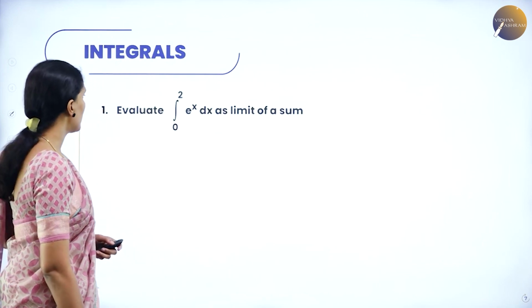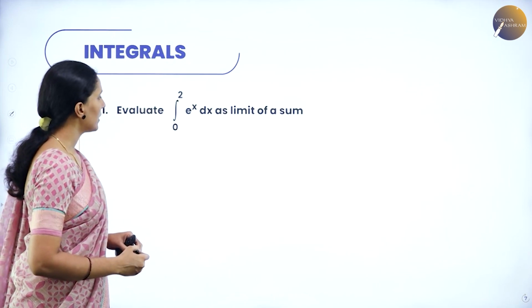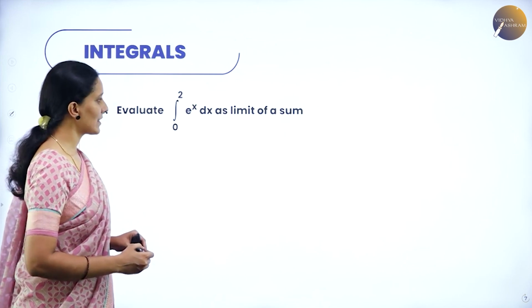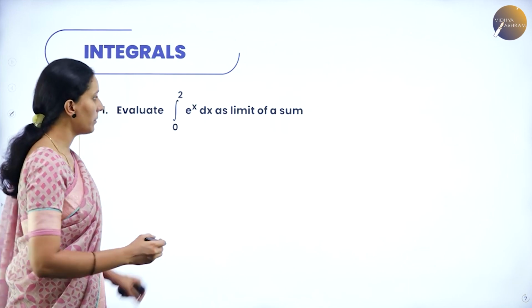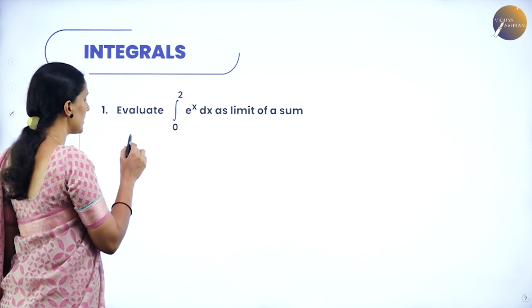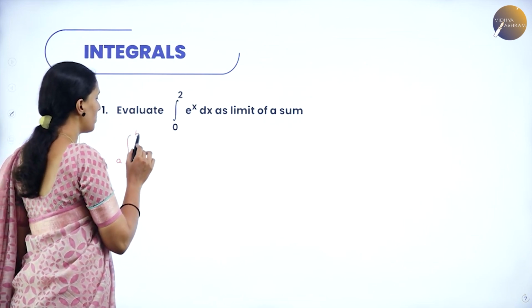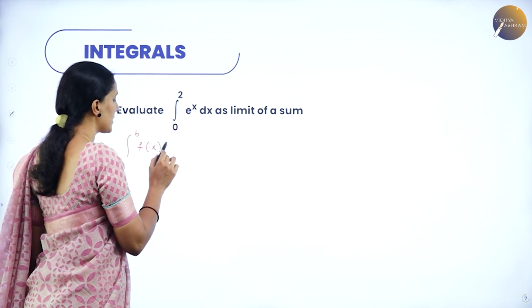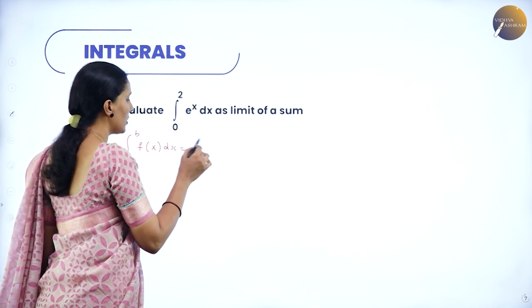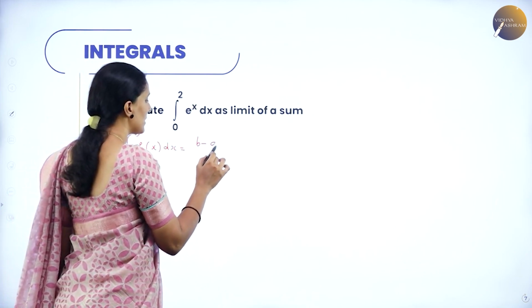So let us take the first one, evaluate integral from 0 to 2 e power x dx as a limit of a sum. What does the limit of a sum definition say? That is integral from a to b f of x dx can be written as, h can be replaced as b minus a by n.